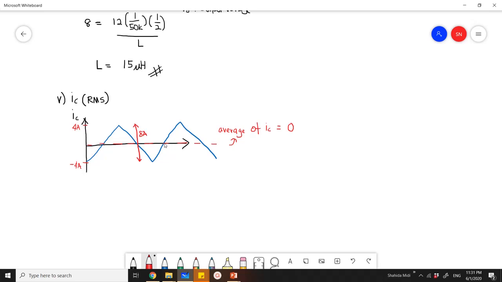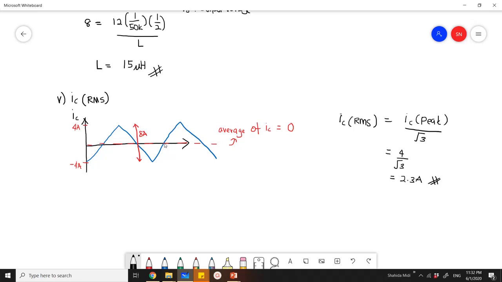From there we can get the RMS value for the IC. So IC RMS this time will be IC peak, and for a buck converter it will be over square root of 3, so this will be 2.3 ampere.